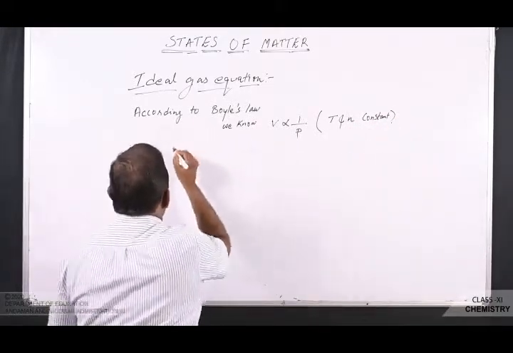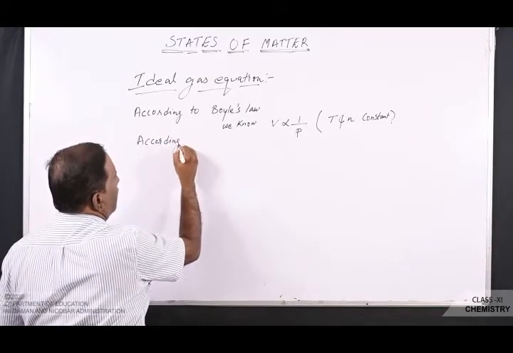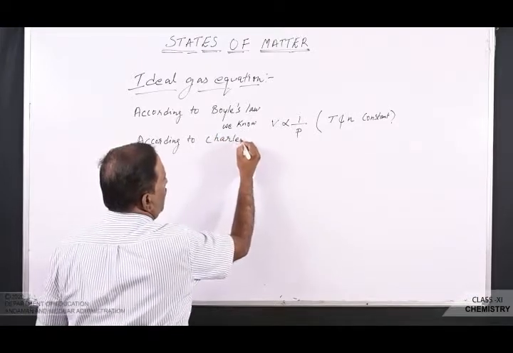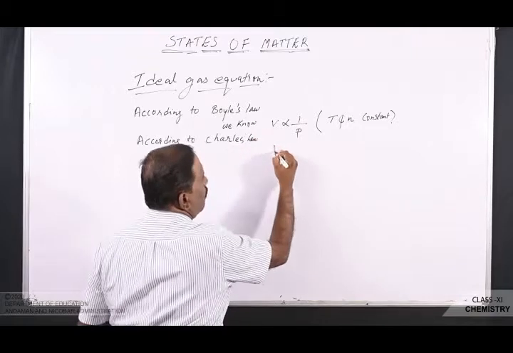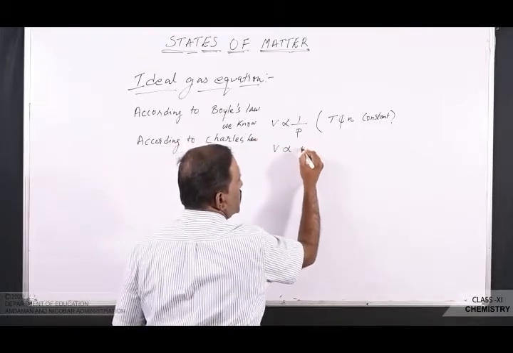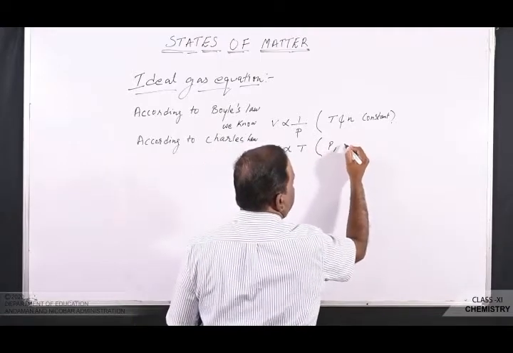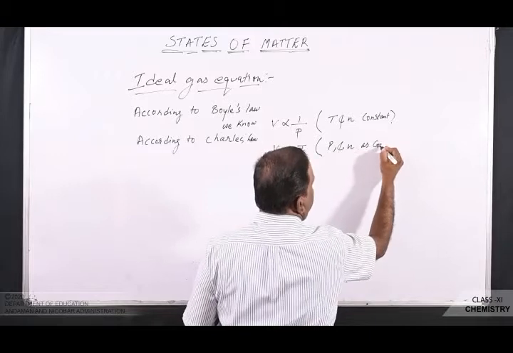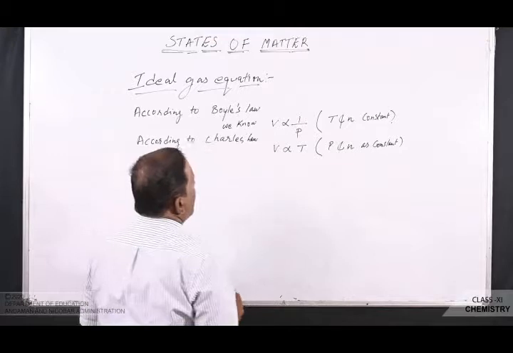Similarly, according to Charles' law, volume is directly proportional to temperature, keeping P and n constant.